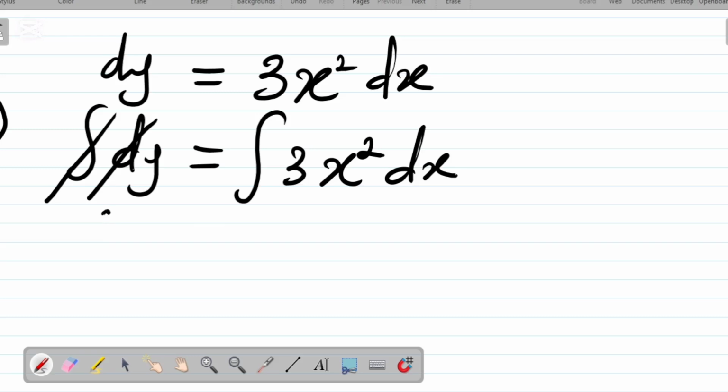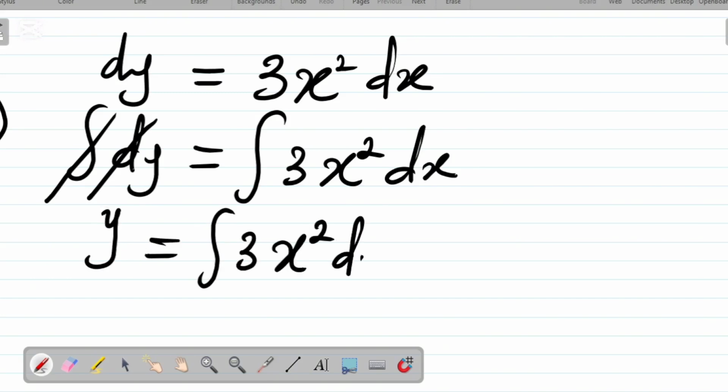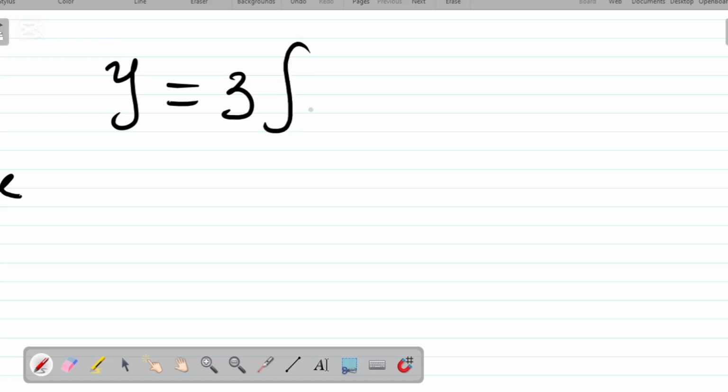So we are left with y equals integral of 3x squared dx. Our next task is to bring out the constant. So here y equals 3 integral of x raised to power 2 dx.